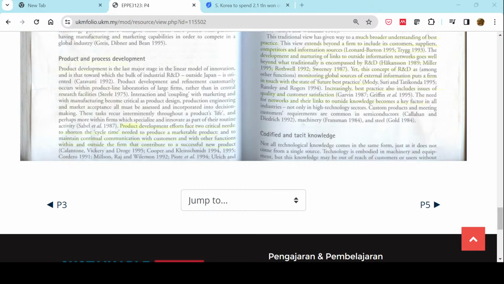But codified knowledge, when we talk about technological change, we refer to the scientific journals, engineering journals. Certain findings are shared there in the journals. So this information is already codified.